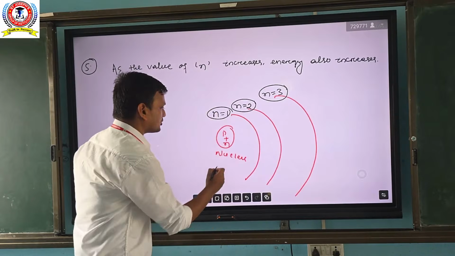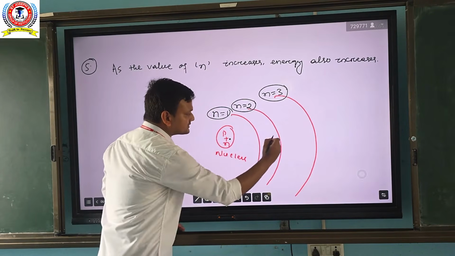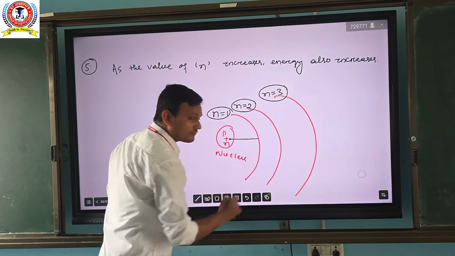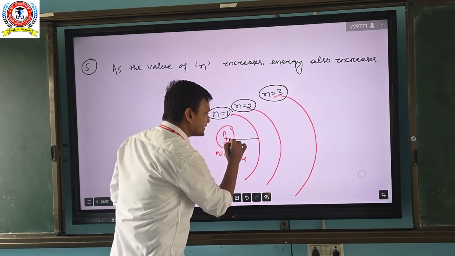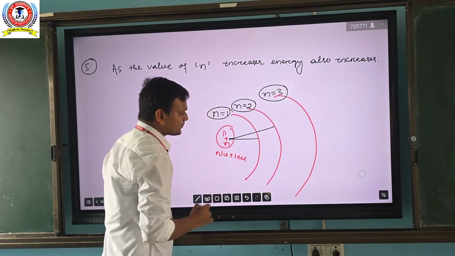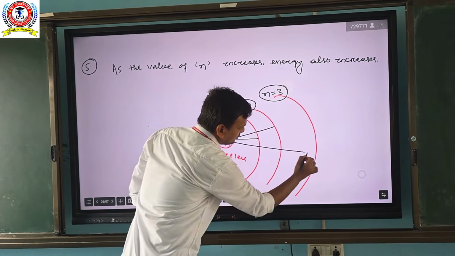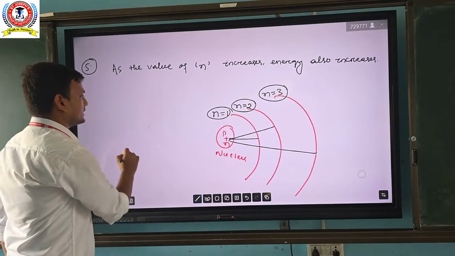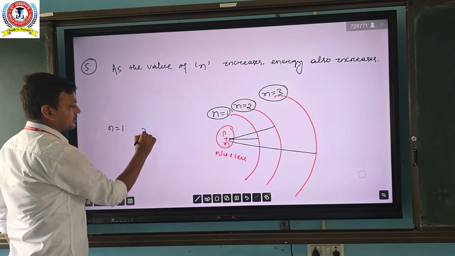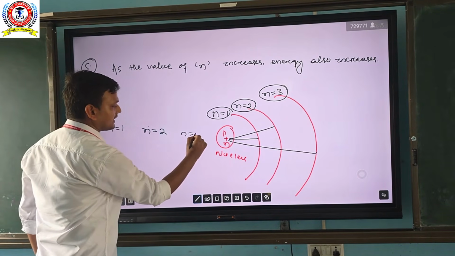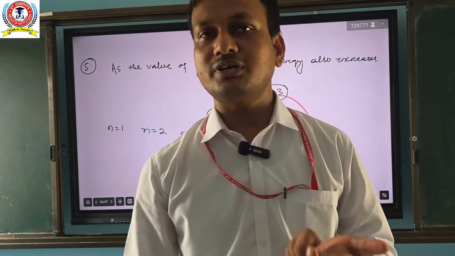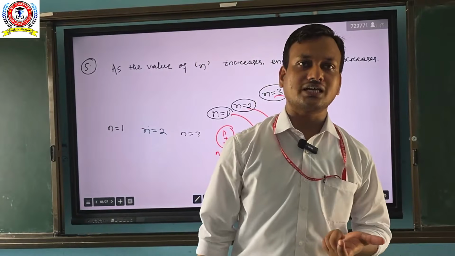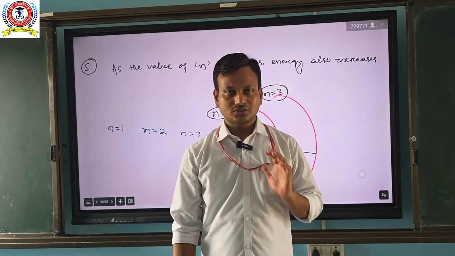Let's see. Suppose we go towards the right. Suppose the value of n is equal to 1. When the value of n increases, that means n is equal to 2 and n is equal to 3. Students, you know that n is equal to 1 means the first cell, n is equal to 2, the second cell, and n is equal to 3, the third cell.